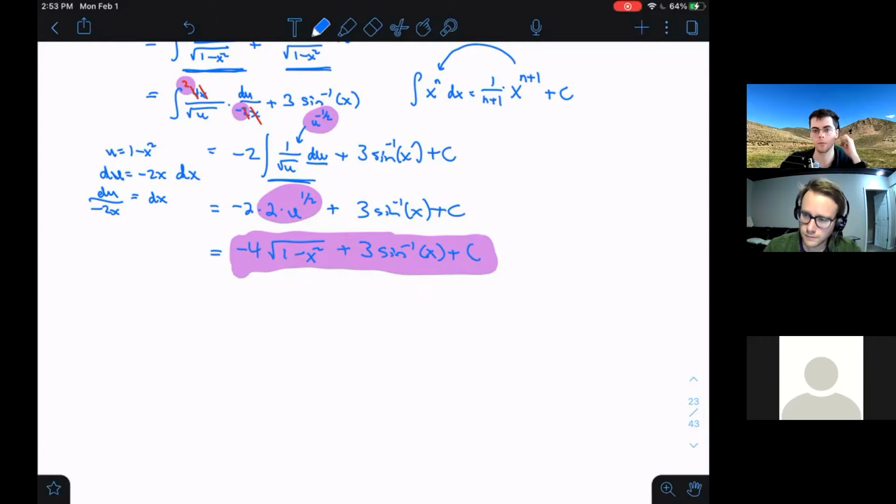Okay, and I had another question. About these problems, right now we are using U substitution, but when can we learn the shortcuts easily, besides U substitution?